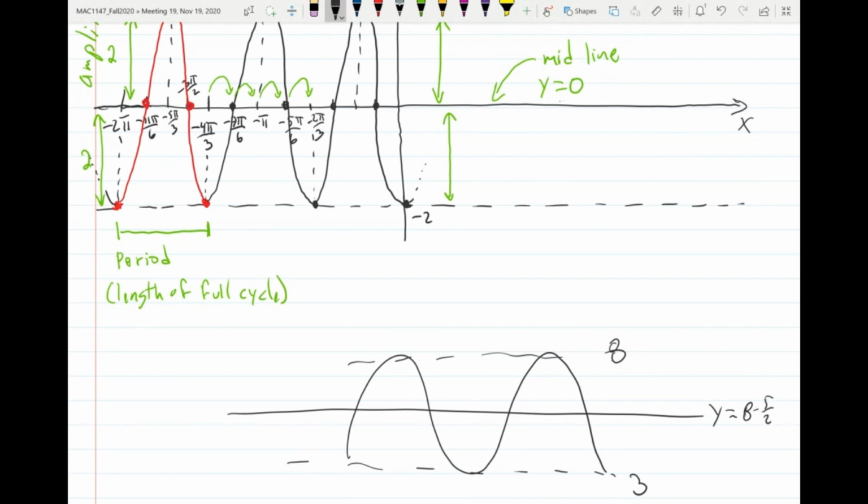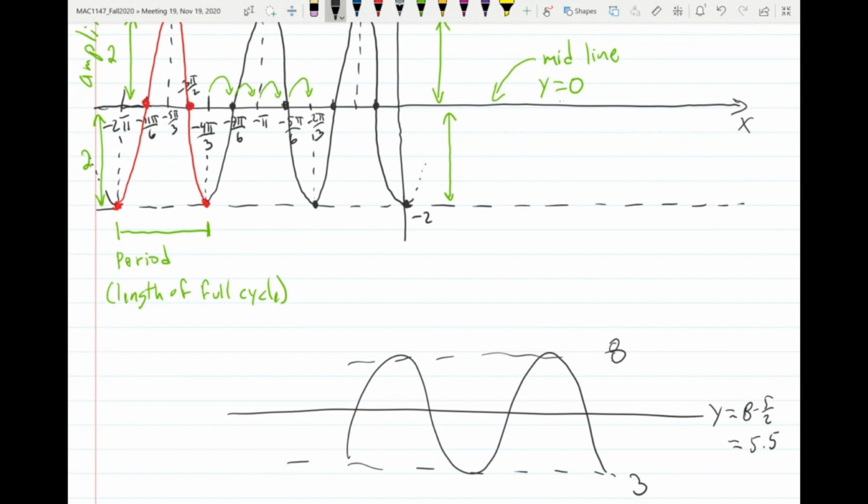So what is this? 2.5. So 8 minus 2.5, that's going to be 5.5, right? So 5.5 is the midpoint between 8 and 3.